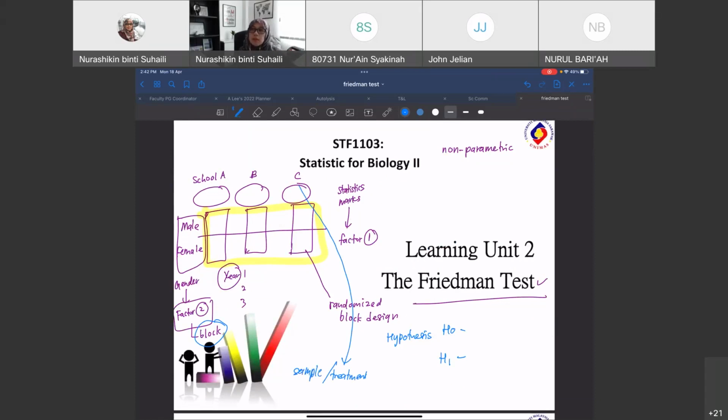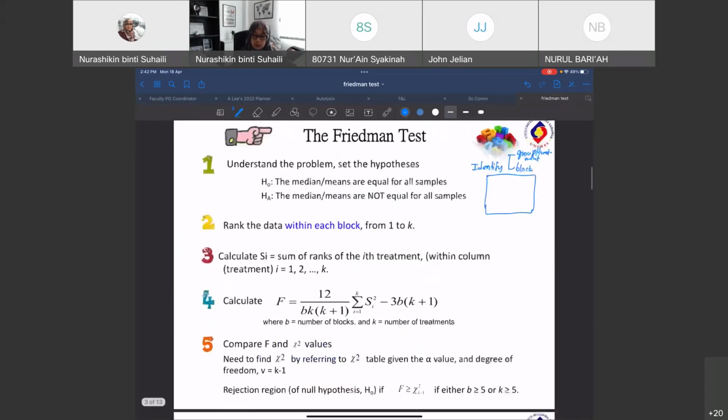After this, we're not going to say sample, because they more commonly use the term treatment or group, but you have to know that it's actually referring to the sample. Treatment, group, sample are the same thing. So you have to identify first what are the groups and what are the blocks. Later, if we have a look at the question or a problem, I'll show you what I mean by this.